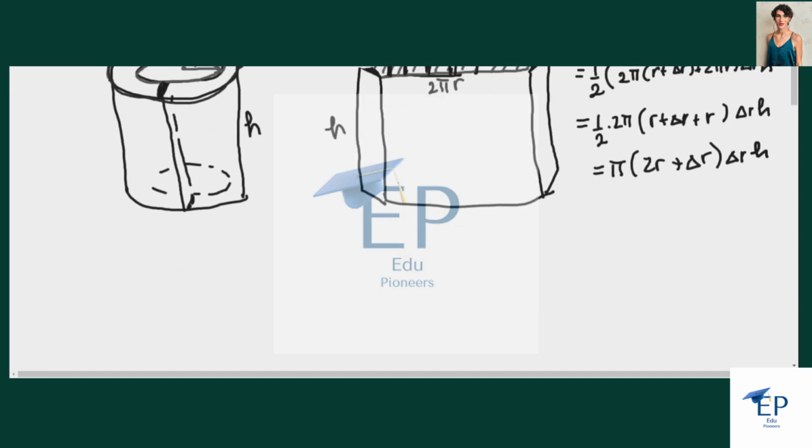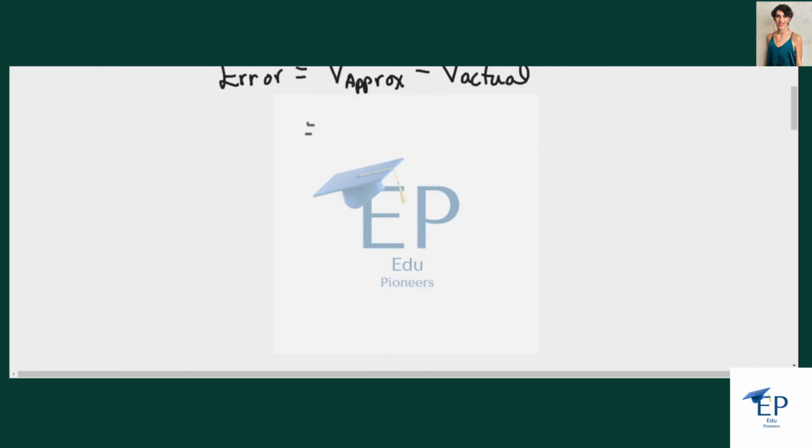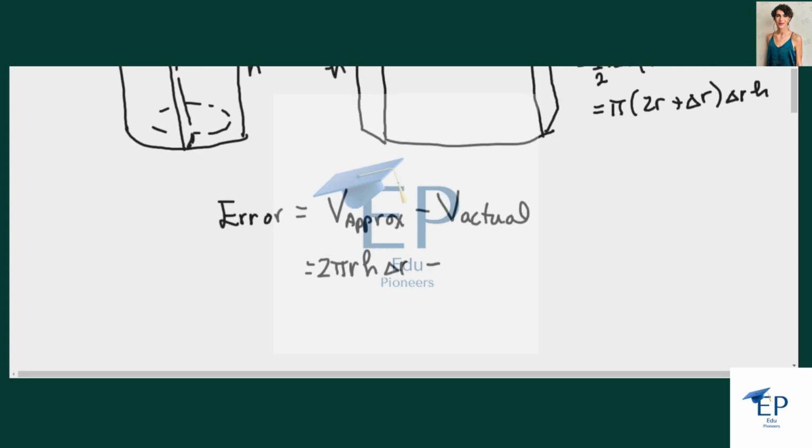So then the error we're making is our approximate volume minus the actual volume. Okay, the approximate volume, 2 pi r h delta r, minus the actual volume, pi (2r plus delta r) delta r h.